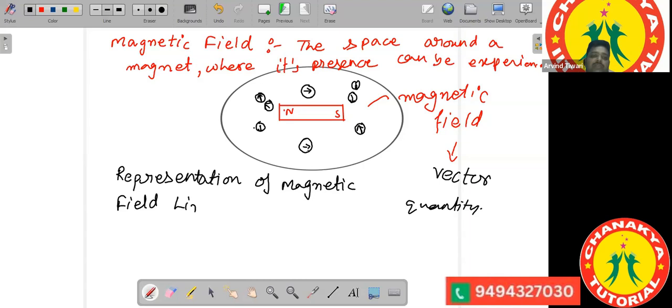Magnetic field can be represented with the help of magnetic field lines. So the magnetic field is represented by magnetic field lines.